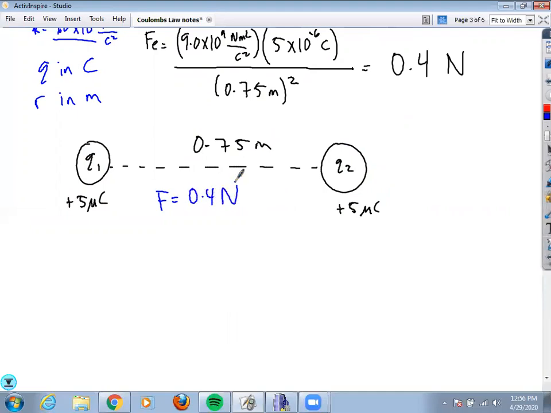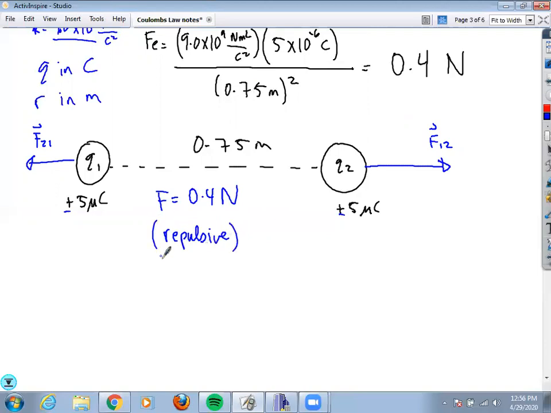And again, if we did a free body diagram, because they're both like charges, positive, Q1 will push Q2 to the right, and Q2 will push Q1 to the left. So this would be the force of Q1 on 2, and this would be the force of Q2 on 1. And note that this would be a repulsive force.